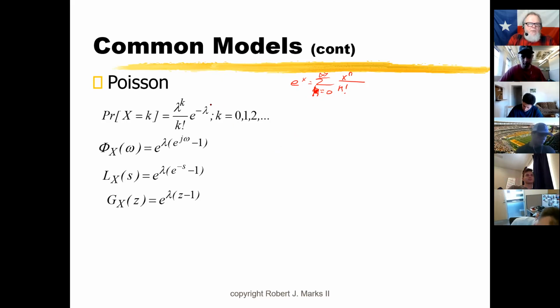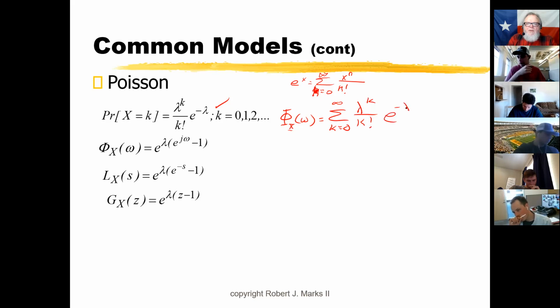And this is the reason that we know. Well, let me just derive the characteristic function for the Poisson. For the Poisson, we have the summation of k equal to 0 to infinity, lambda to the k over k factorial, e to the minus lambda, times e to the j omega k.